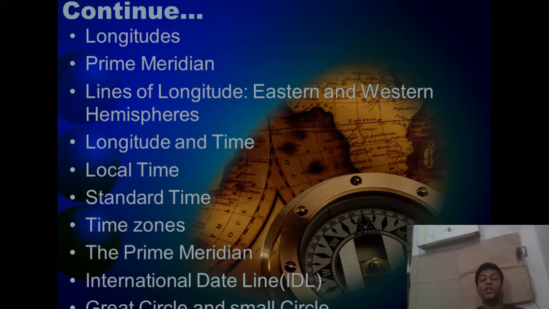Why can we divide the globe into time zones, date lines, all the things? It is very interesting to know all these things. So keep watching my videos of this chapter. It is going to be very conceptual and very interesting. Dear students, after that we are going to discuss great circle and small circle.